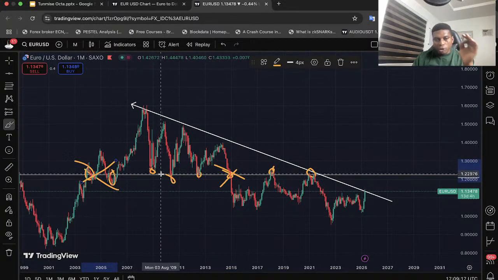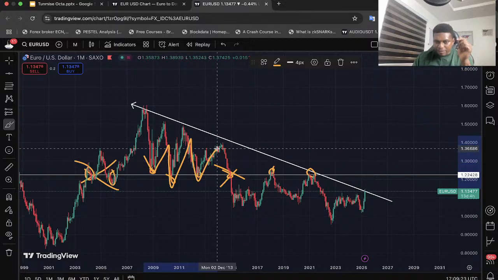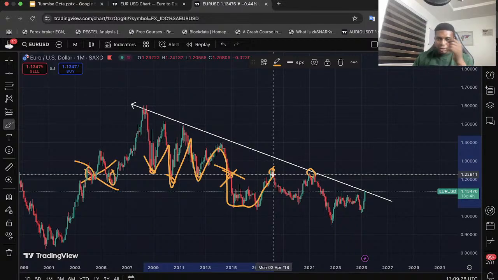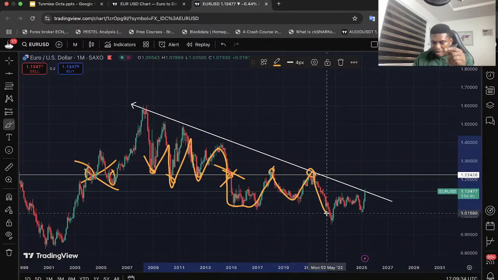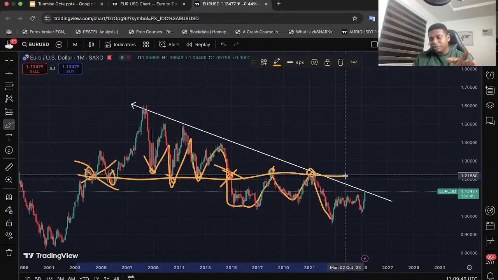When price came down here, it bounced back, came down here, it bounced back, came down here, it bounced back, finally broke out from here. Price came back to that support turned resistance zone. Now it bounced back, came there again, it bounced back. Now that tells us how significant this level is, which is an important level for us to pay attention to. And that is why we are paying attention to this level.